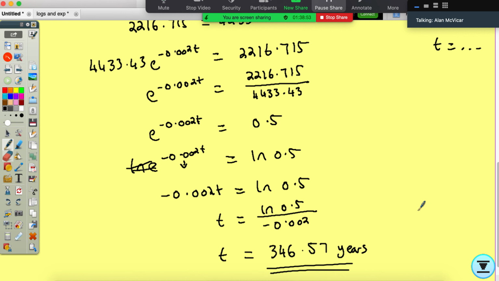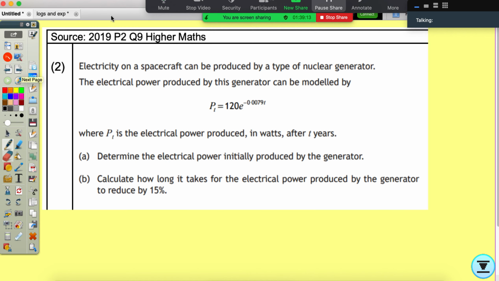Right, now all I'm going to do is give you a few of those exponential formulas to transpose, and then I'll give you a few practice questions to work on, and then I'll give you the answers to those, and then I'll let you go away and practice the questions that are up on Teams. Okay, so that was another one.